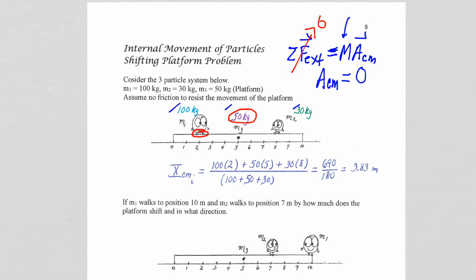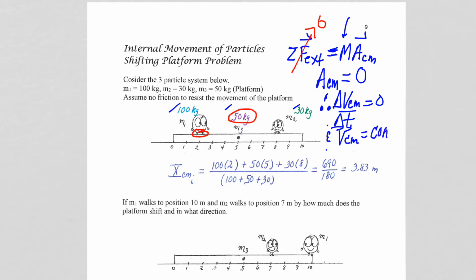And if this acceleration of the center of mass is zero, that means the velocity of the center of mass is constant. So therefore, delta V center of mass over delta t is zero, because that's what acceleration is, delta V over delta t. And V center of mass is constant.